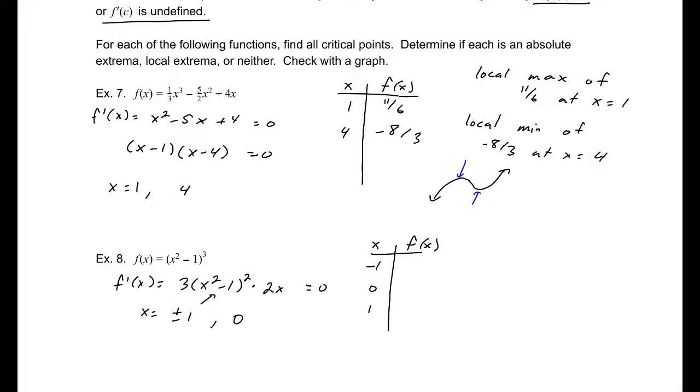So at -1, we have a value of 0. At 0, we have a value of -1. And at 1, we have a value of 0. All right, so we know we have a local maximum of 0 at x equals -1 and 1.